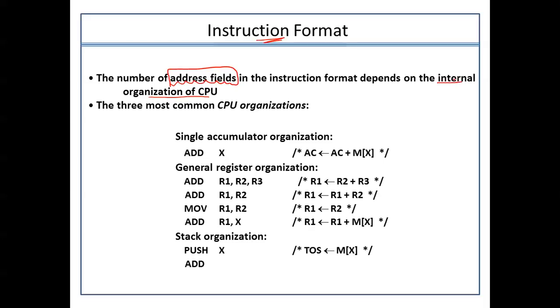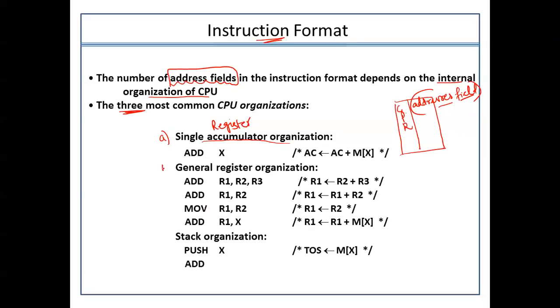It is a fairly simple and understandable approach: how your CPU is organized internally, how many general purpose registers your processor is using, and how many address fields are applicable in the instruction. Based upon them, you can categorize your instructions into three broad categories. What are those three categories? The very first one is the single accumulator organization, or you could say single register organization.